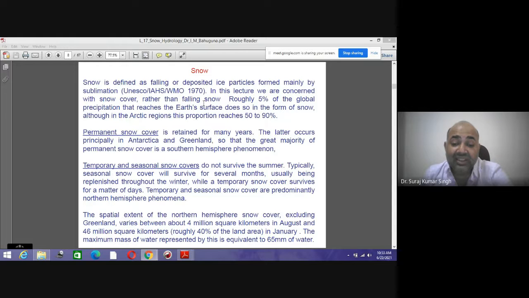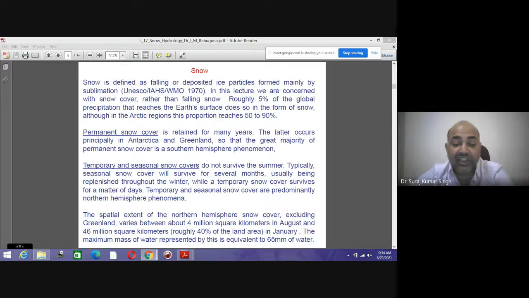Temporary and seasonal snow covers do not survive the summer. Typically, seasonal snow cover will survive for several months, usually being replenished throughout the winter, while a temporary snow cover survives for a matter of days. So, temporary and seasonal snow cover are predominantly northern hemisphere phenomena.